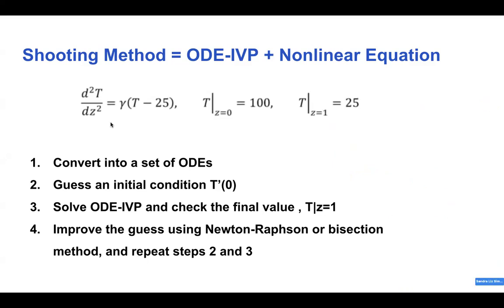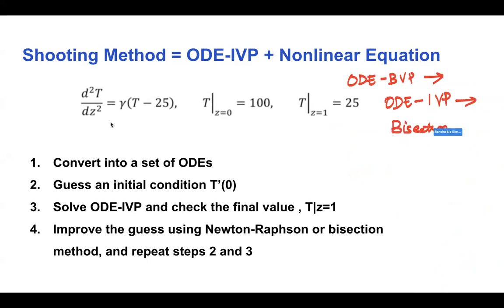So how many things did we see here? We are converting an ODE BVP to an ODE IVP. We are using the bisection method to solve a nonlinear equation. Here in this case this is a linear equation, but there could be nonlinear equations also. So here we have used a lot of methods combined.